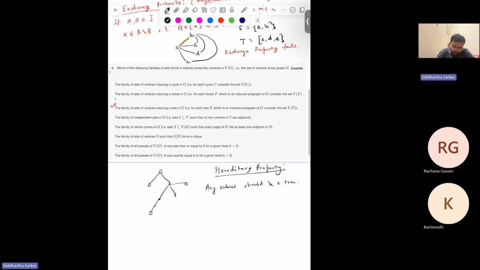It need not be true. So therefore, since the hereditary property is not true, even this one is not a matroid. Is that all right?